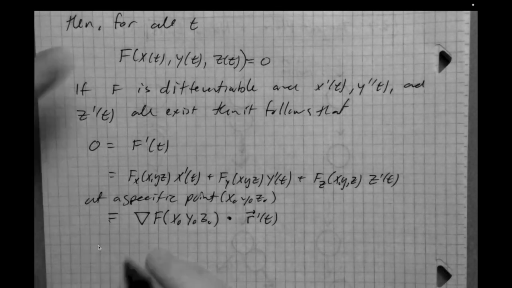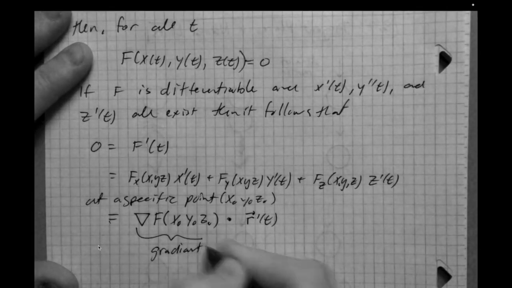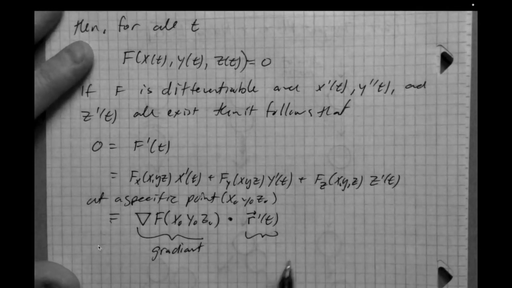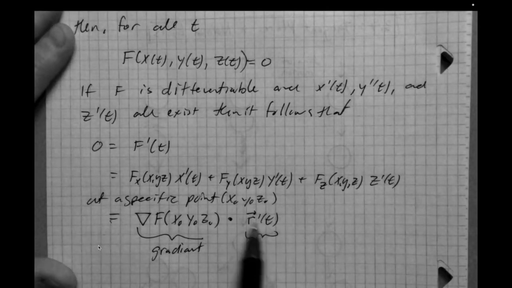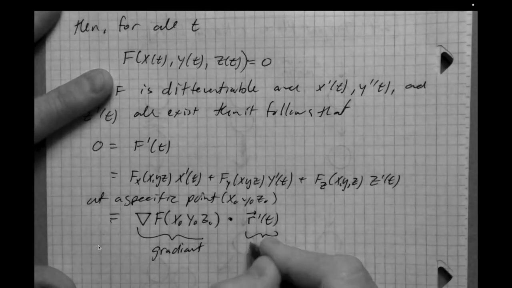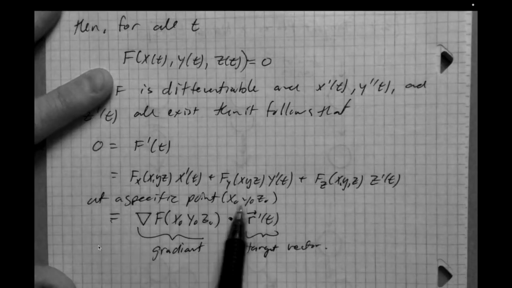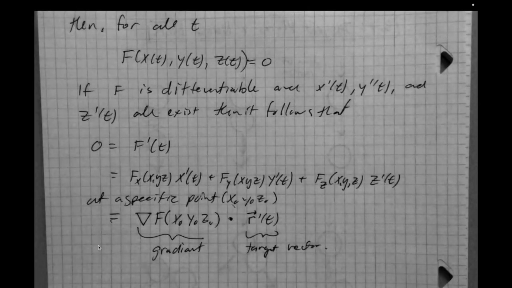Okay, so let's write that in. This is the gradient. And if C is a curve defined by r of t, then this is going to be the tangent vector. Remember, we've plugged in a specific x naught, y naught, z naught here.